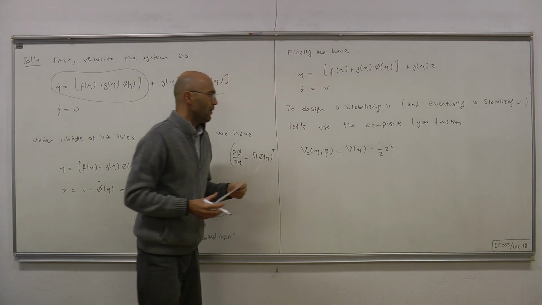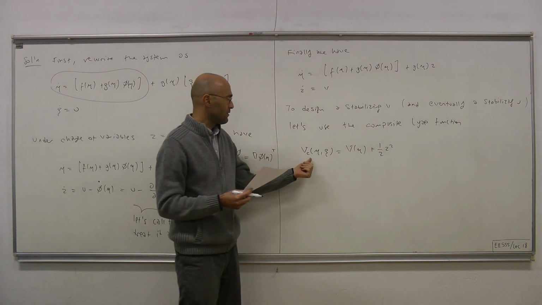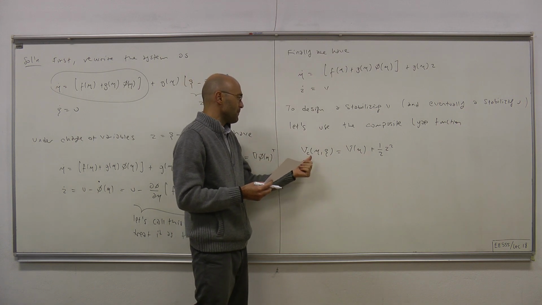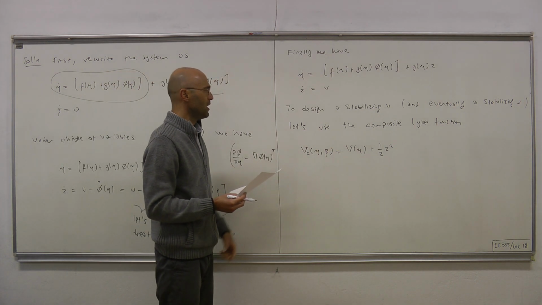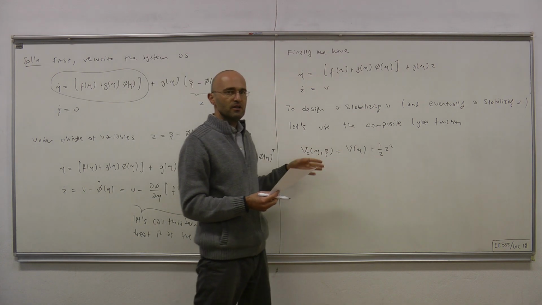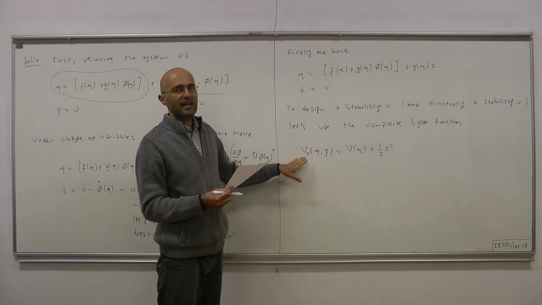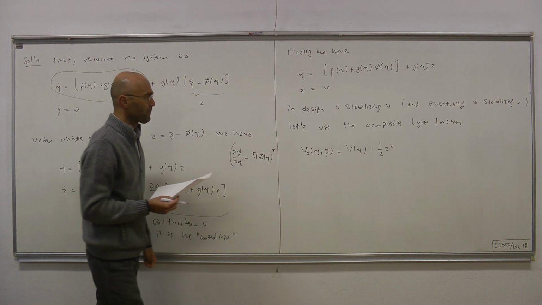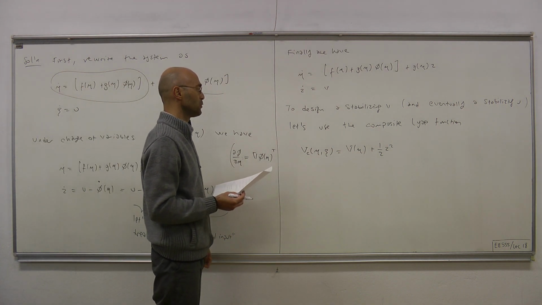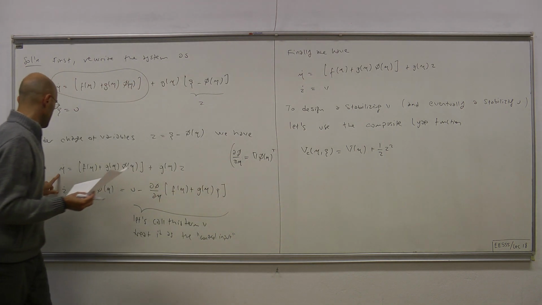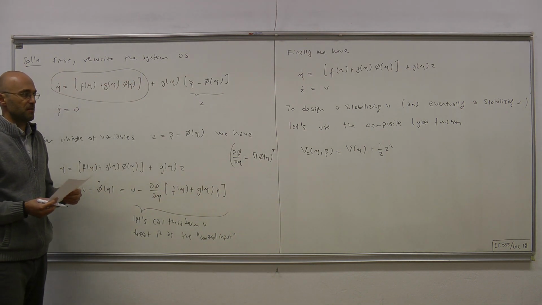Okay. Now, what we want is, so this is a positive definite function, so it can be used as a Lyapunov function, but to establish asymptotic stability, it has to have a negative definite derivative along the solutions of the system eta, z, okay?